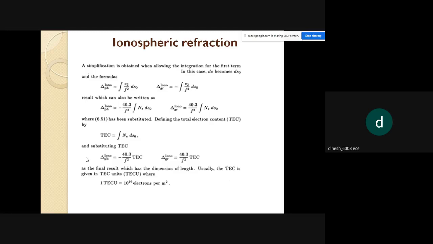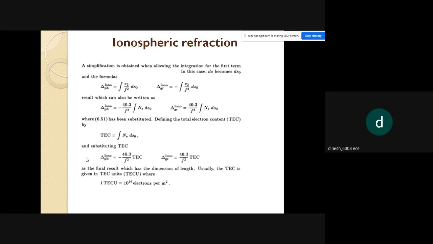So how much is this TEC? The TEC is the number of electrons per meter square: 1 TEC is equal to 10 power 16 electrons per meter square. For every meter square on the Earth's surface, we have 10 power 16 electrons, due to which refraction occurs.